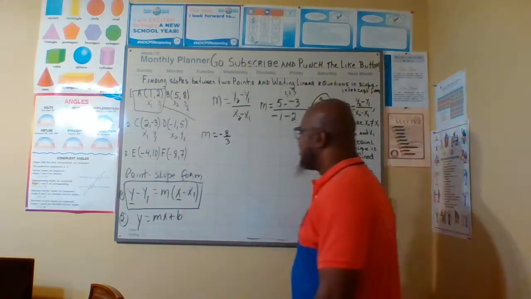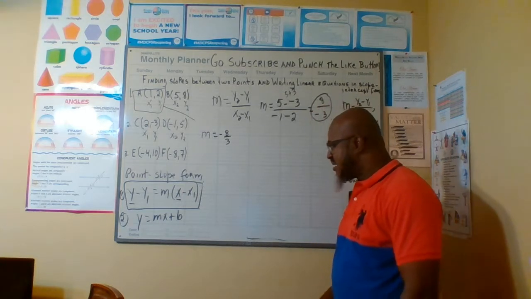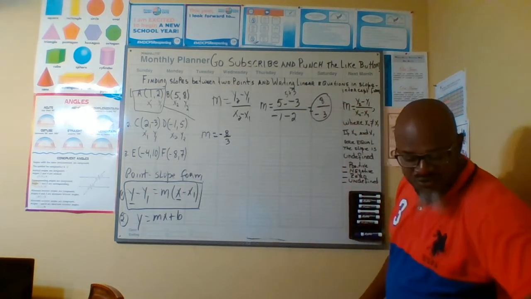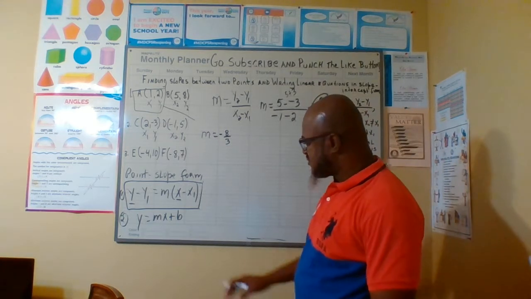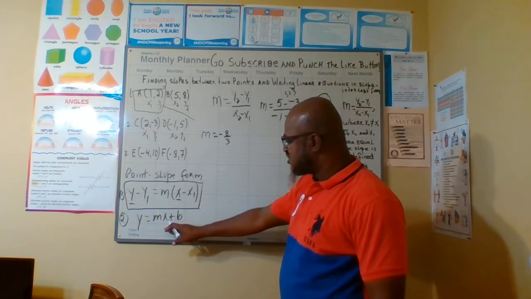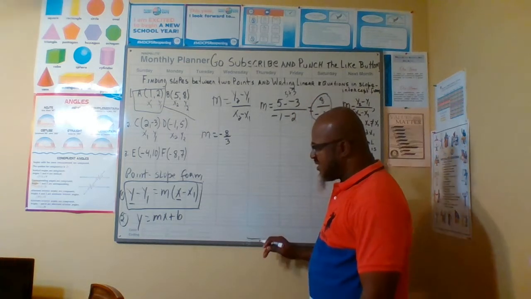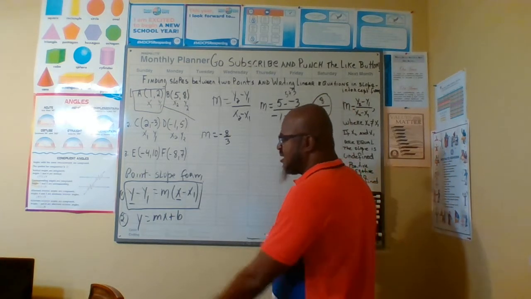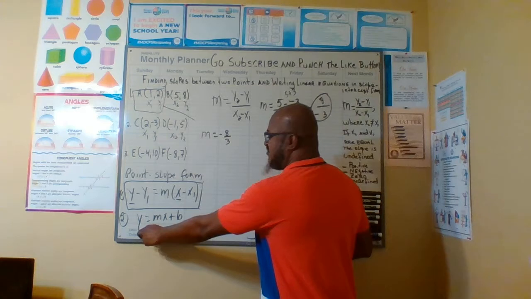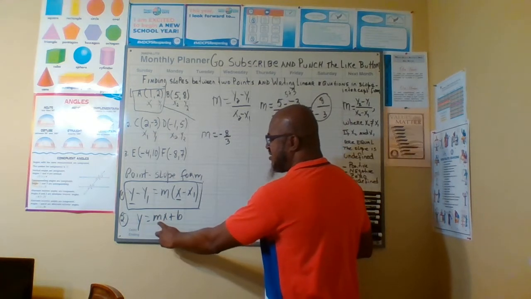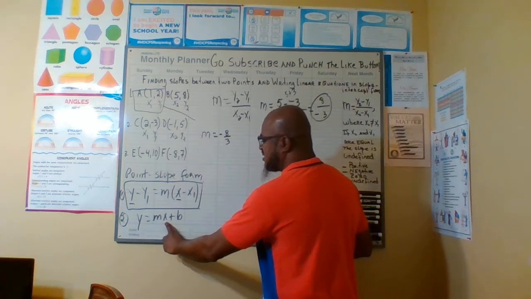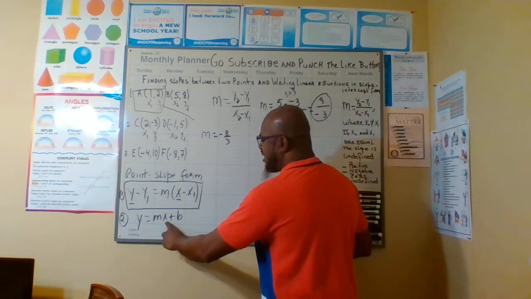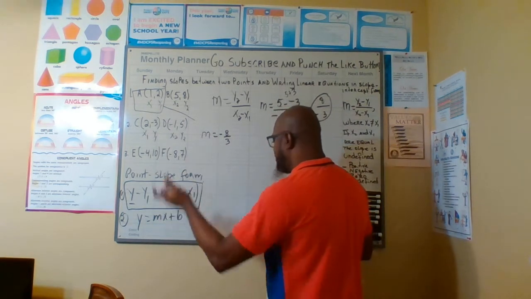Now, last time I did promise you I was going to use both ways. So this time I'm going to use y equals mx plus b. In y equals mx plus b, you replace whatever the y value is, whatever the m value is, your slope, and whatever the x is. In this case, you're going to use y1 and x1, or if you want to use the other point, it makes no difference.